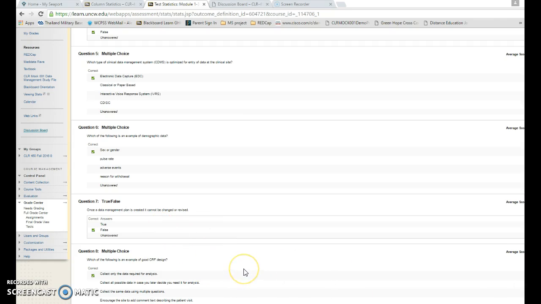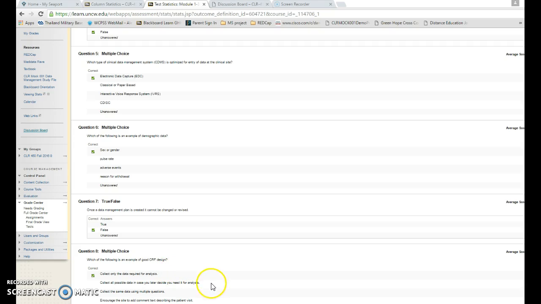And then for question number 8 for multiple choice here, which is the following example of good CRF design? Most of you did get the fact that you are only to require the data that you need for the analysis.